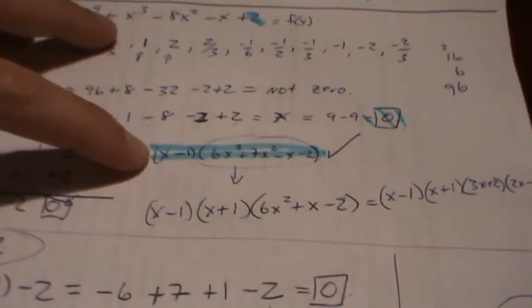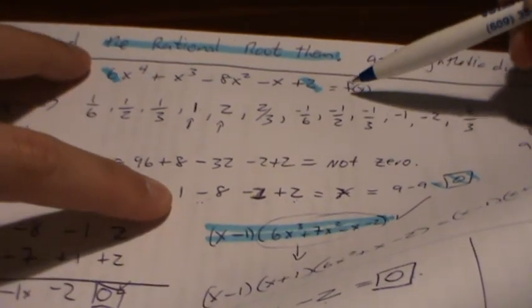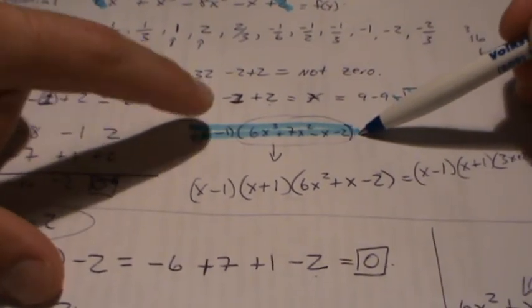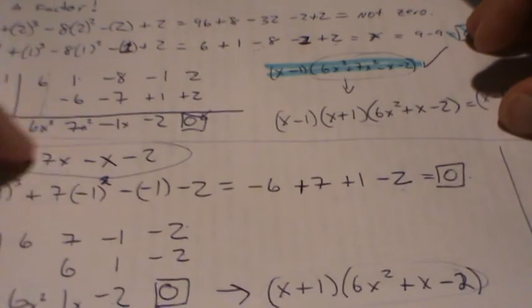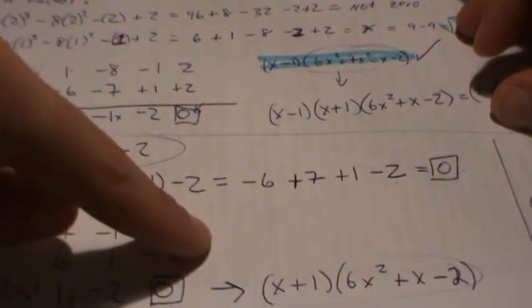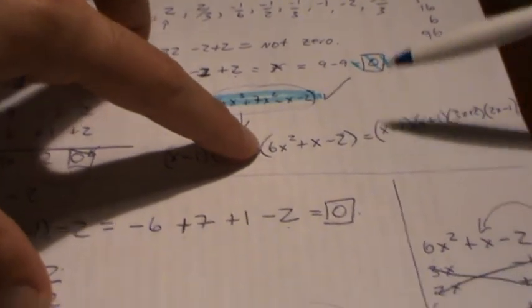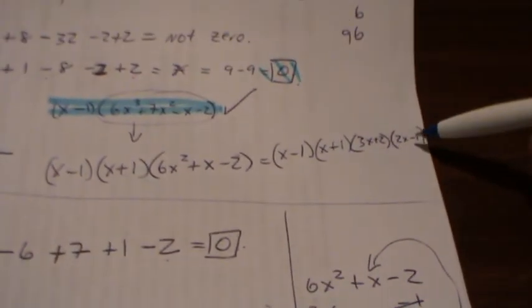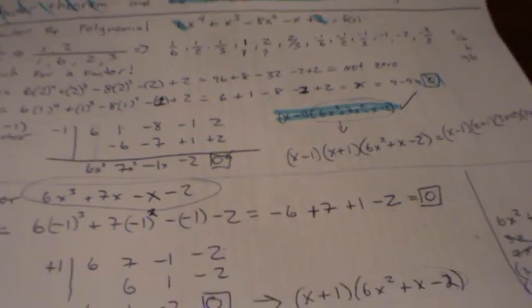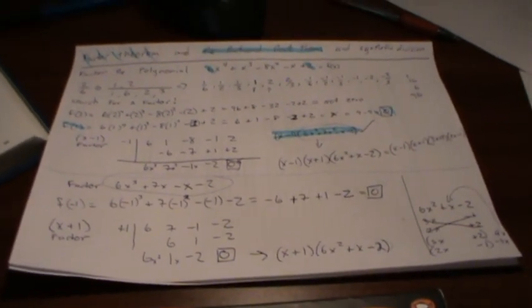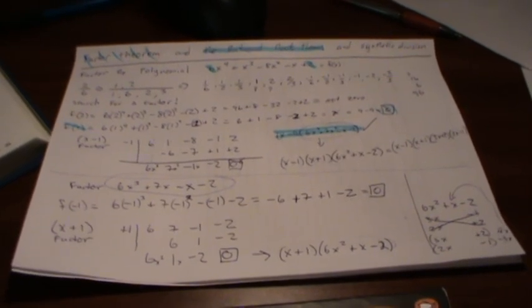So notice I started with this polynomial. This whole activity here factored out this x minus 1. And this activity down here factored out the x plus 1, leaving me a trinomial, which I factored over here for my final thing there. And I'll just kind of zoom out a little bit so you can kind of see the whole thing. So that would be a fully factored fourth degree polynomial.